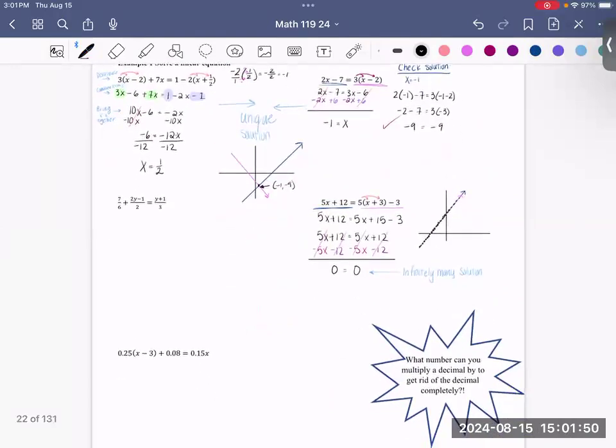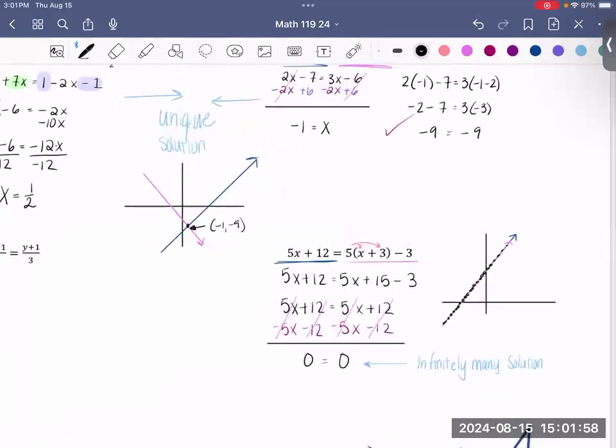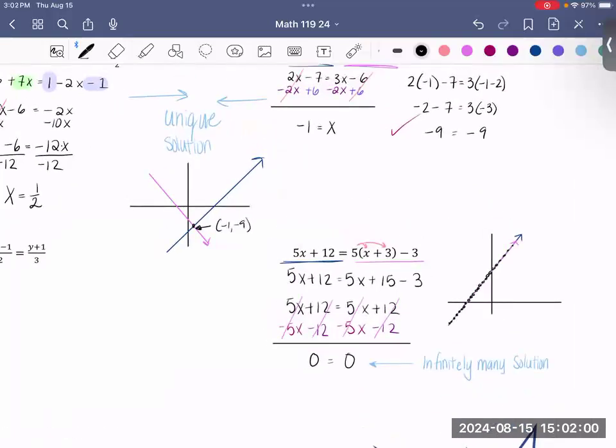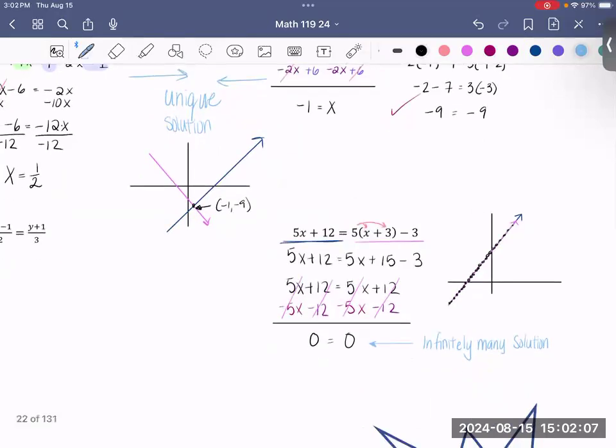We also have one where we have no solution. Now we don't have one listed here for an example, but other than intersecting lines and the same exact lines, what other lines are possible? Well, the other variation is a no solution. No solution is when you have two parallel lines.